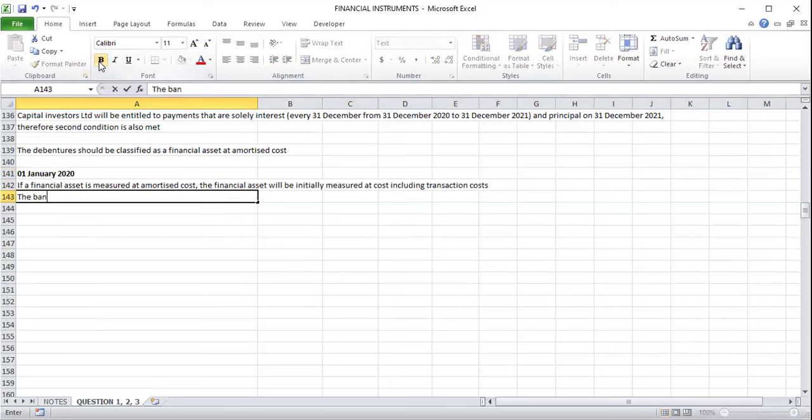The bank was wrongly debited instead of credited. Remember, when you use money to buy your asset, bank is going down. So the bank should be credited. So it was wrong to debit. Your bank account is debited if you are receiving money. And a wrong amount of 98,000 was used instead of 102,000.